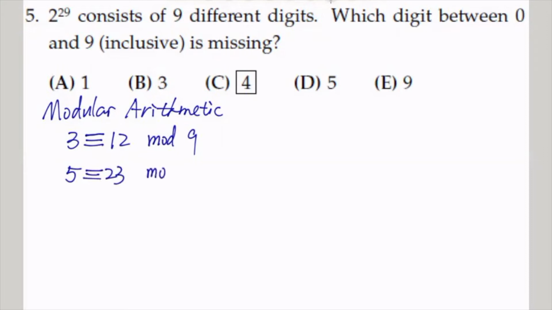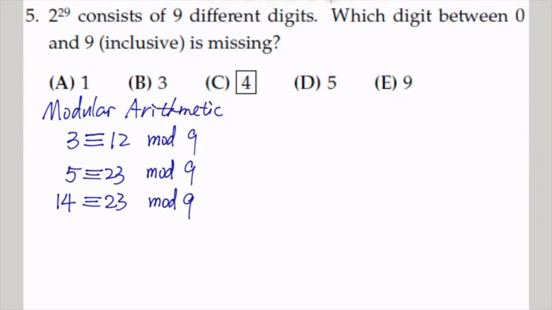We see that 5 and 23 are congruent in mod 9. If you look at 14 and 23 divided by 9, they give you the same remainder. Then we see that 14 and 23 are congruent in mod 9.